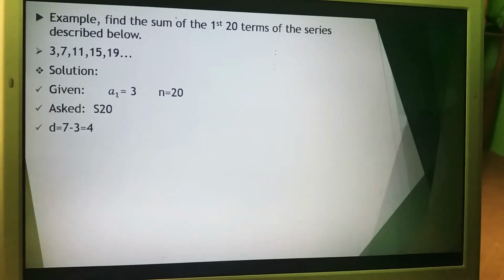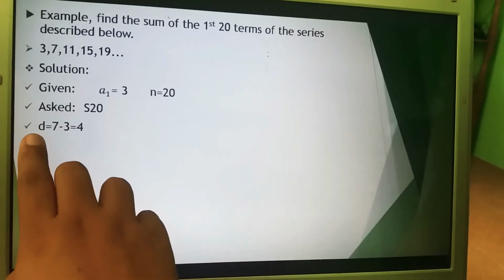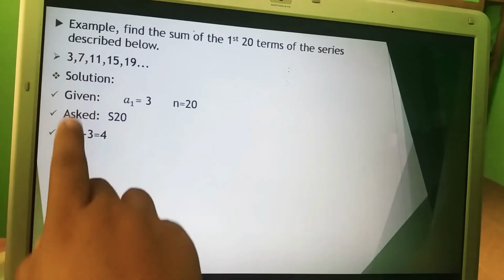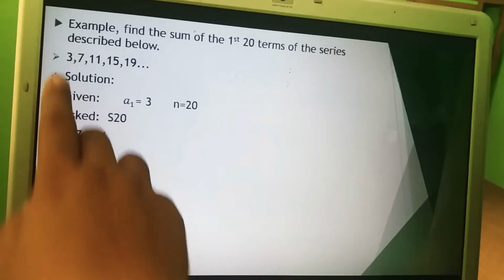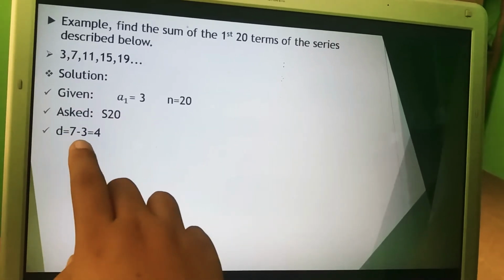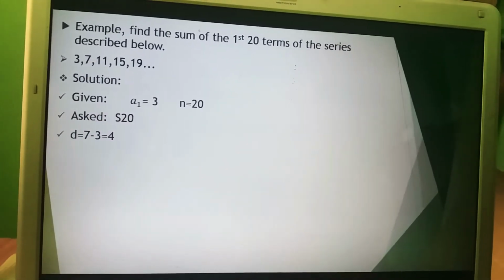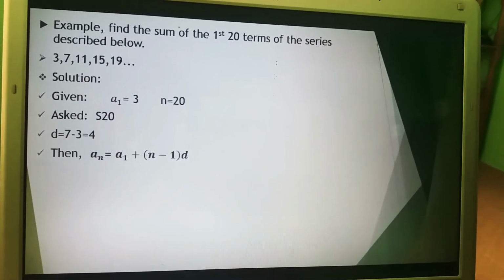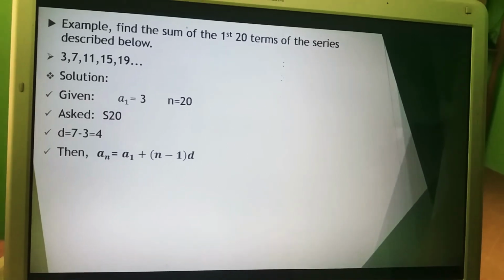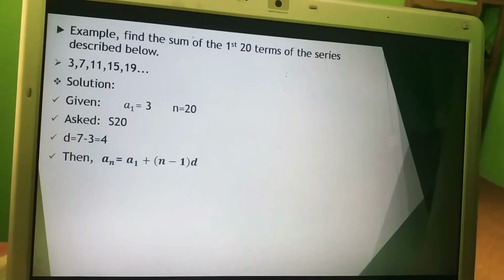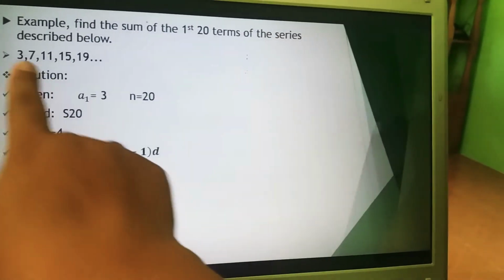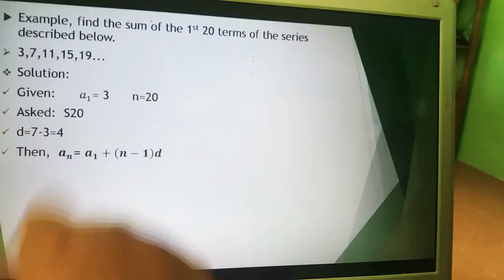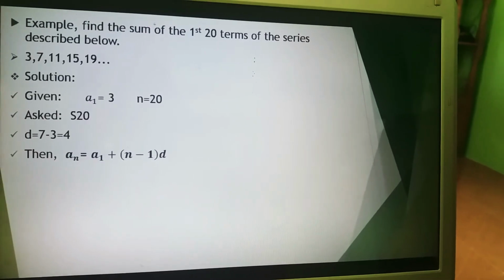So how are we going to find d? We just need to get your second term minus your first term, and that is 7 minus 3, which is equal to 4. Then next, we will use the formula because we are finding first the 20th number, since we only have 1, 2, 3, 4, 5 numbers in the series.